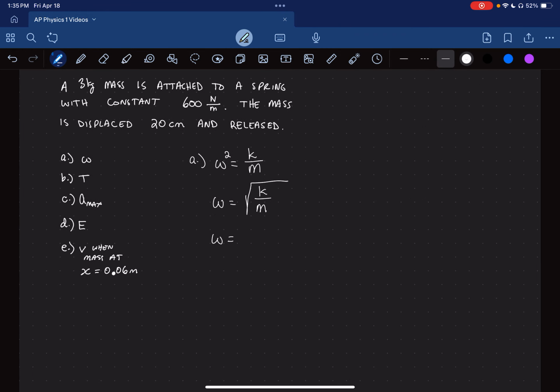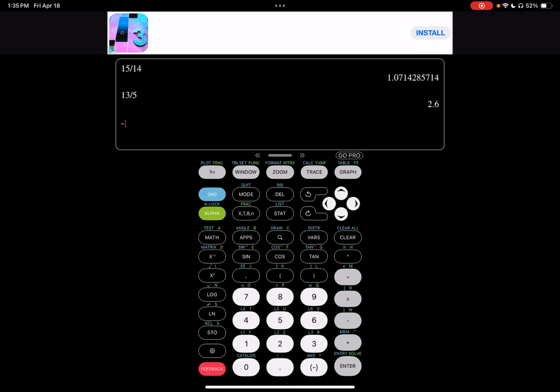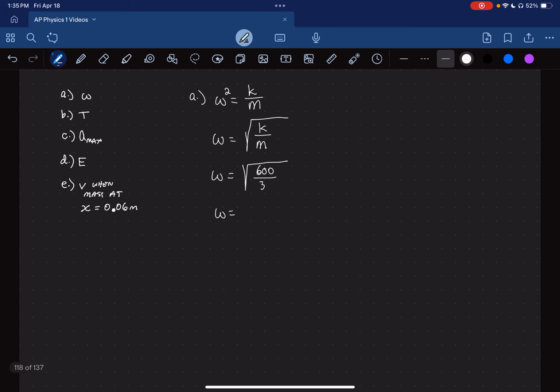So that's the square root of 600 over 3, which is 14.14, or 14.1 radians per second. That is the angular frequency.